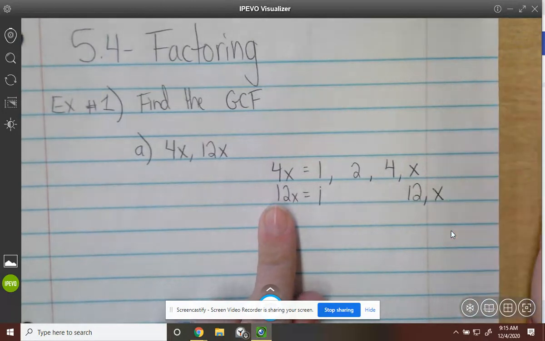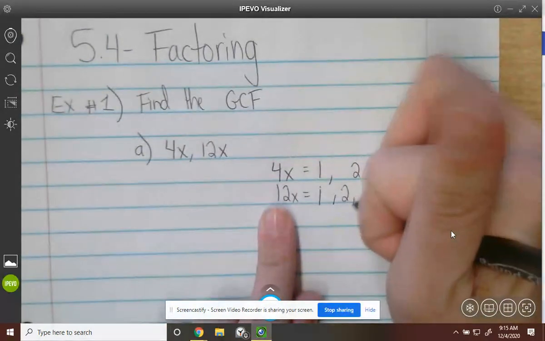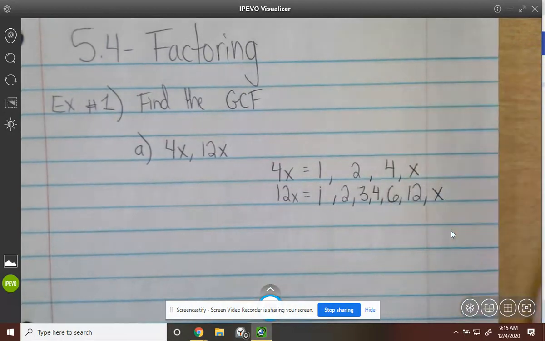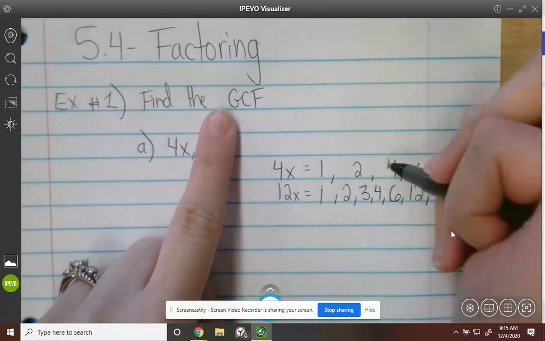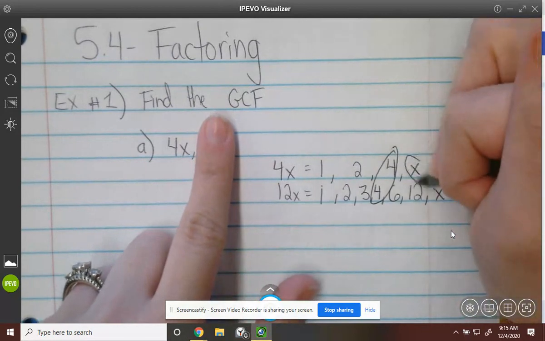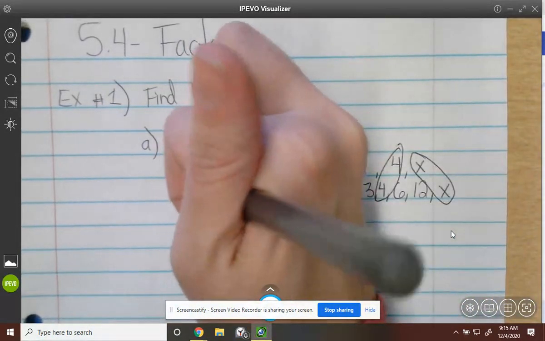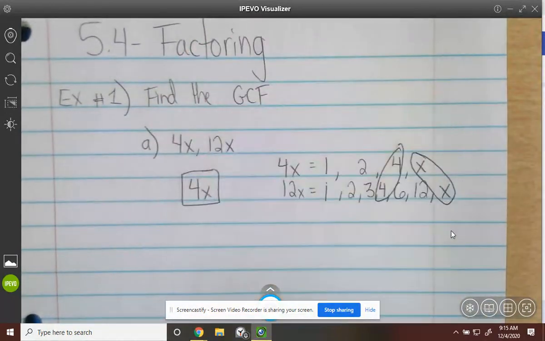I'm going to go ahead and put my x before I forget. 2 and 6, and then 3 and 4. I always run myself out of room there. So then you look for the biggest one because it's the greatest. So 4 is the biggest one, and x is also in common. So my greatest common factor between those two is 4x.